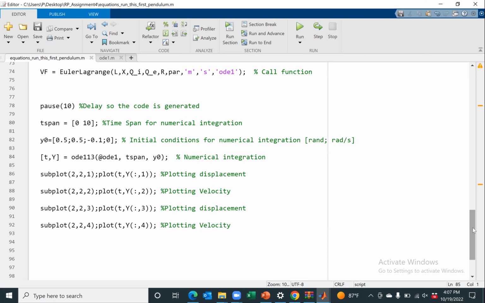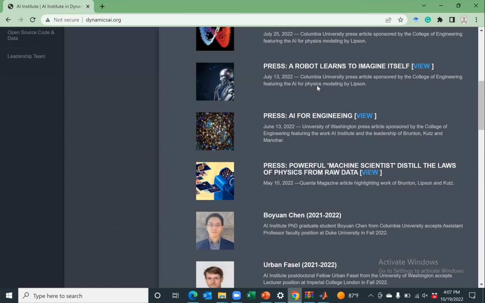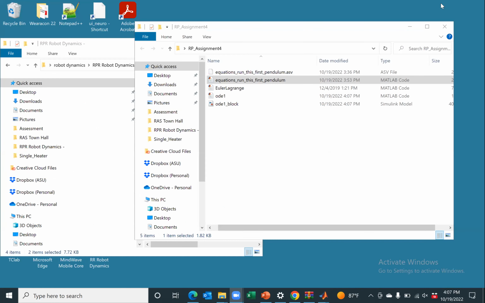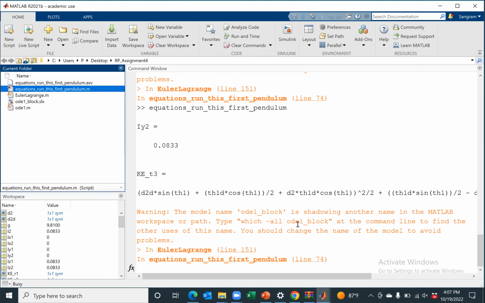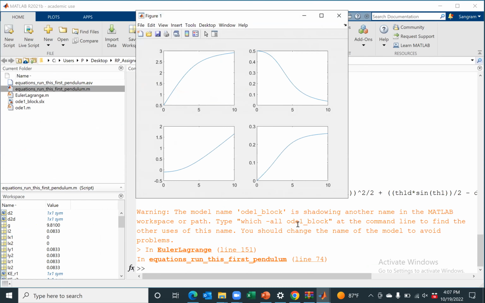Okay. Now let's run. And then once you run, it will run and generate these plots.